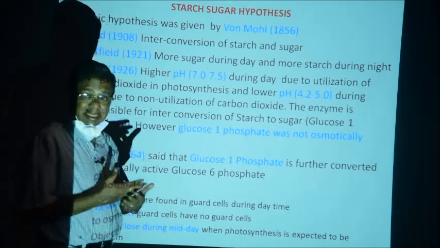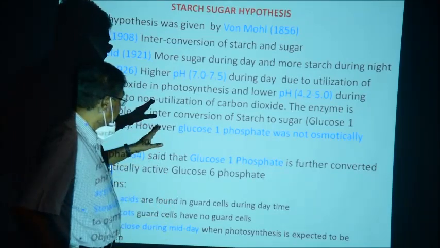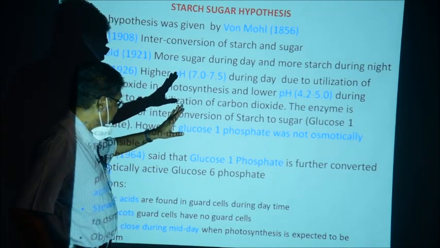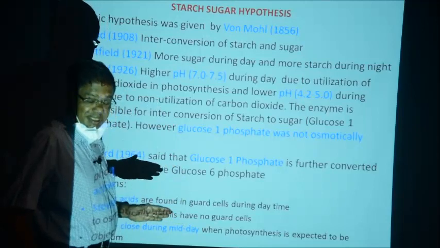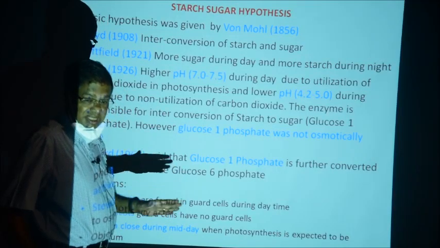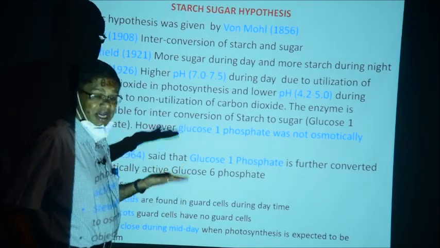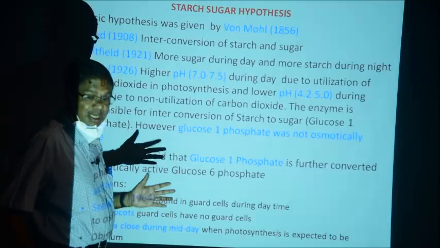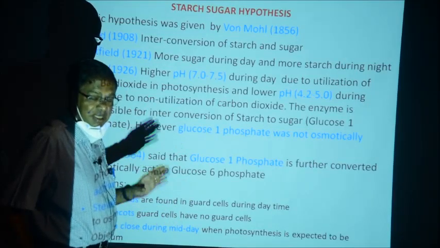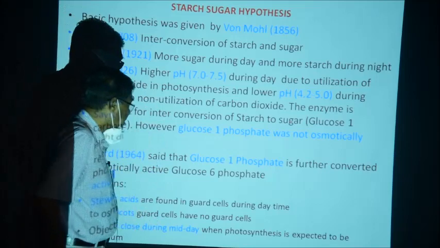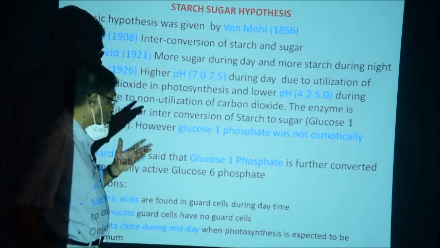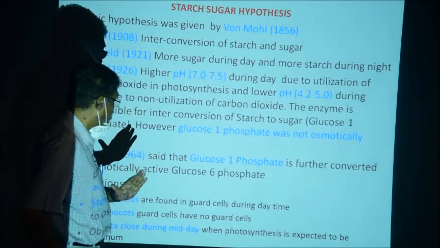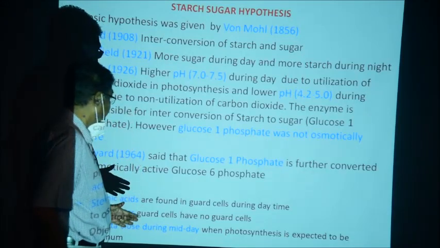At night the pH decreases because the photosynthetic process is not there and the carbon dioxide gets accumulated. So, carbonic acid increases, so pH decreases. Now, this conversion of starch to sugar and sugar to starch is controlled by an enzyme.